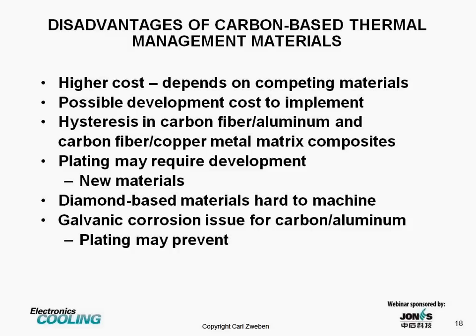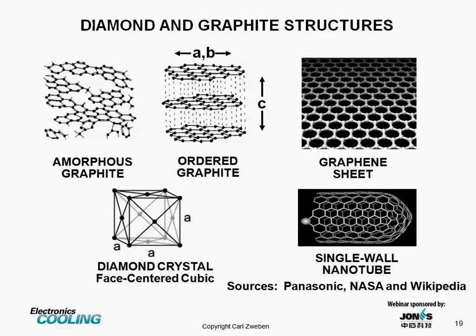There are issues with hysteresis in carbon fiber reinforced aluminum and carbon fiber reinforced copper. These are composites. Plating may require development for some new materials. If we're working with diamond-based materials, they're hard to machine. And galvanic corrosion is an issue for carbon aluminum composites. However, plating can prevent this.